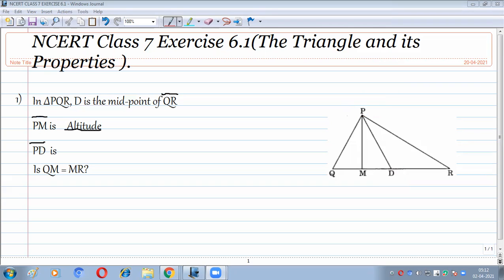You should also know that a line which passes through a vertex and ends at a midpoint is called a median. So see here P and here D.